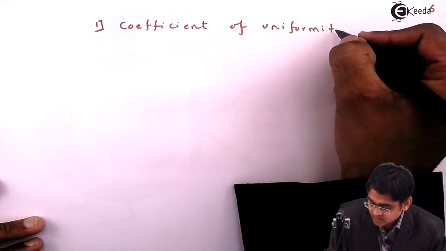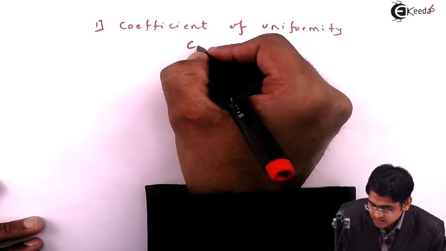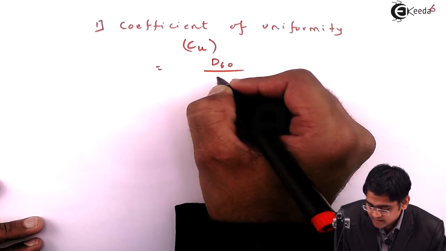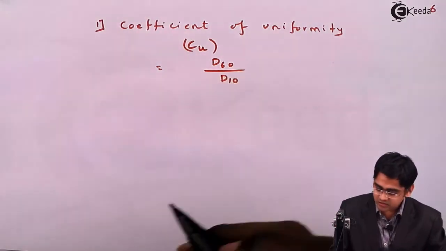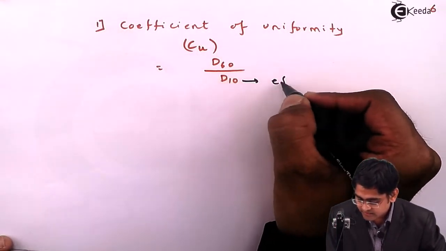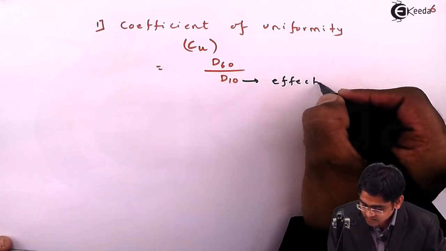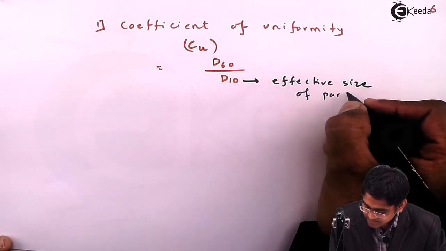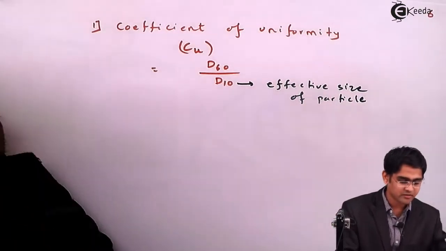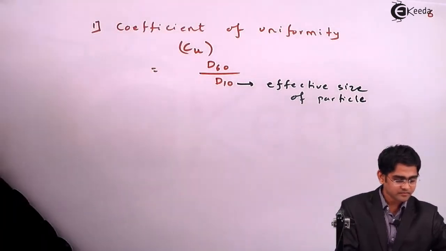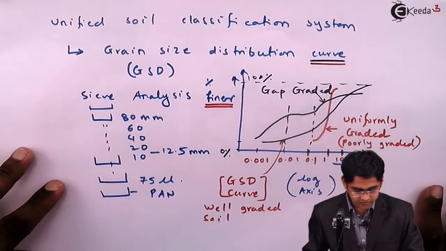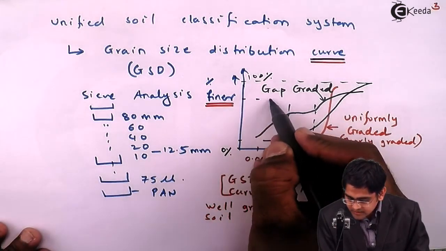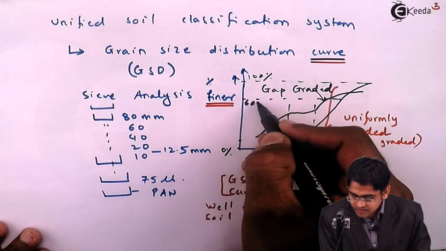This coefficient is also called Cu, which is the ratio of D60 by D10. In our previous class we have seen D10, the effective size of particle. From the GSD curve you need to find the size of soil at which 60% is finer.